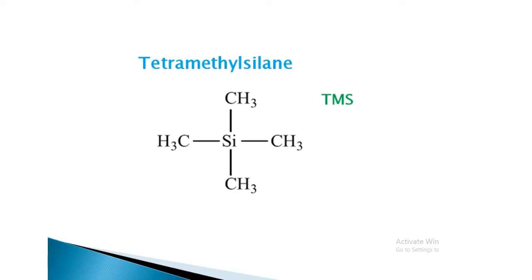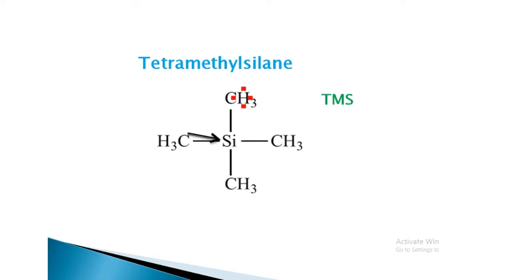However, let us look at its shielding. Let us say these electrons are surrounding the hydrogen. Do we expect the hydrogen of this TMS to be shielded or de-shielded? Remember, carbon is not much different from hydrogen in terms of electronegativity. Neither is silicon.